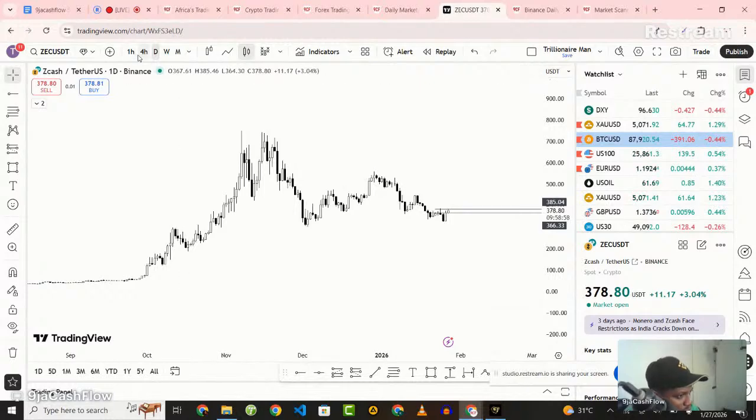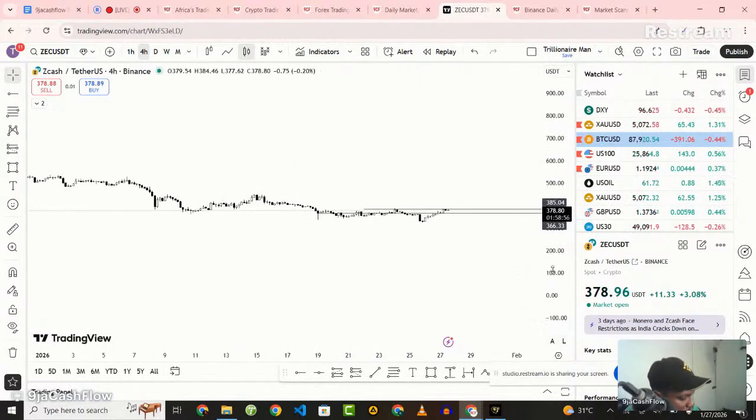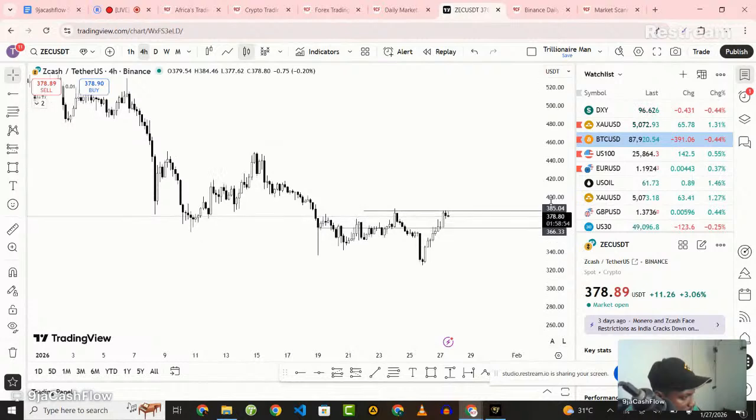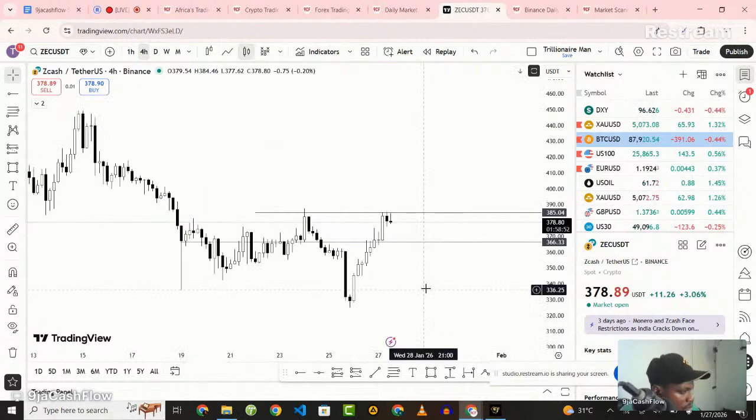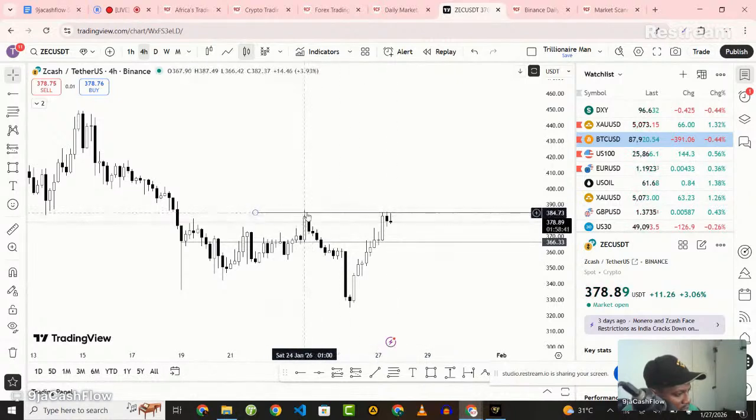So this looks bearish. The 4-hour candle closed bearish. It's rejecting this high, and this high of the day is also the high from Saturday.